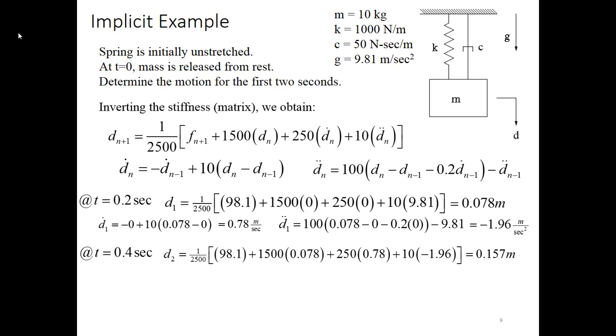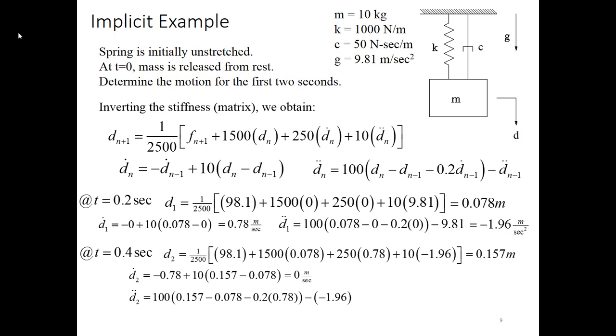It gives me 0.157 meters for my deflection. My speed at this next time step is going to come out to 0, interestingly enough. So it's actually reached rest because of the reaction of the spring. And then my acceleration term becomes minus 5.89 meters per second squared, and so on.